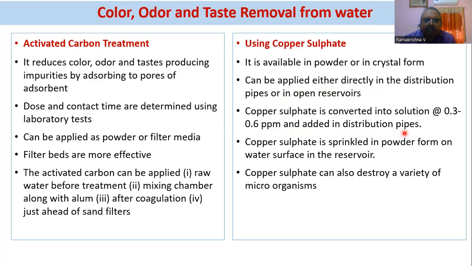Add in distribution pipes. Copper sulfate is sprinkled in powder form on the water surface in the reservoirs. If there is a problem of bad smells in the reservoirs, then it can be sprinkled. The copper sulfate can also destroy a variety of microorganisms.